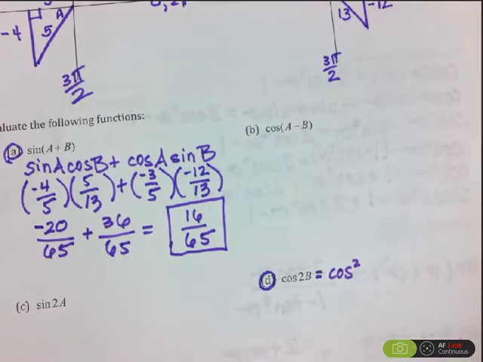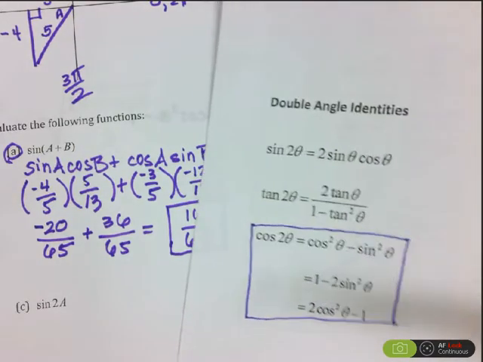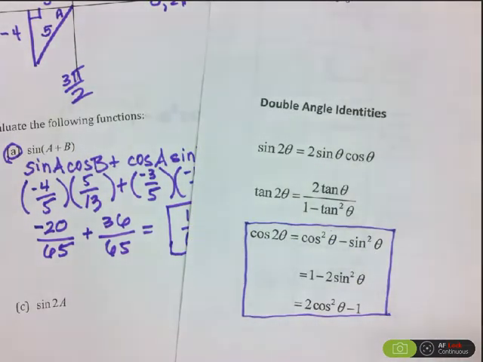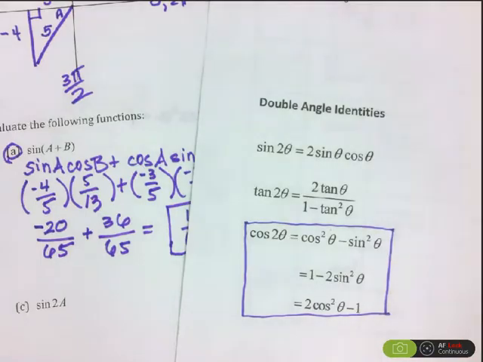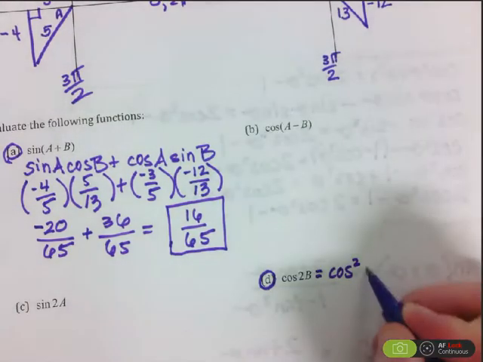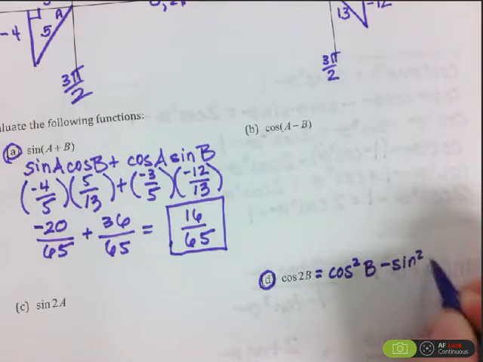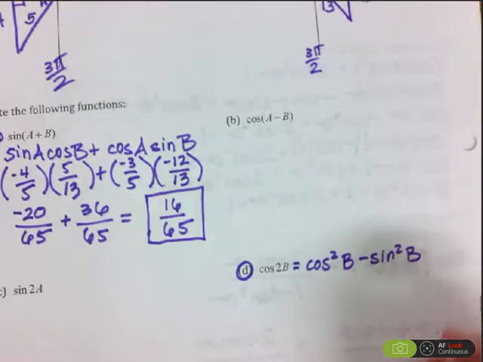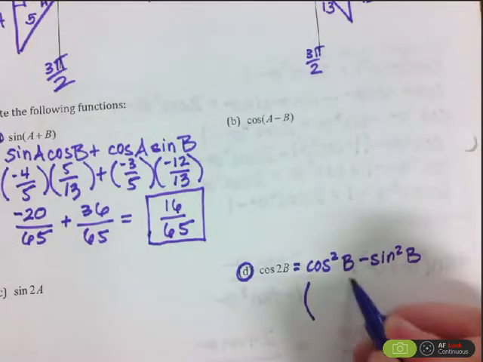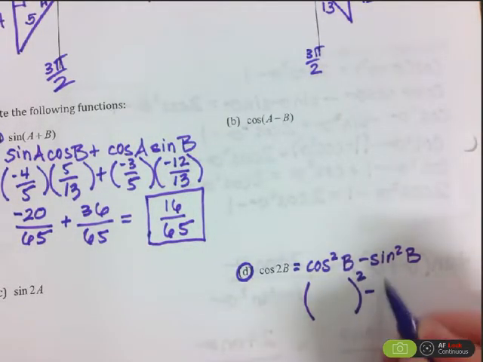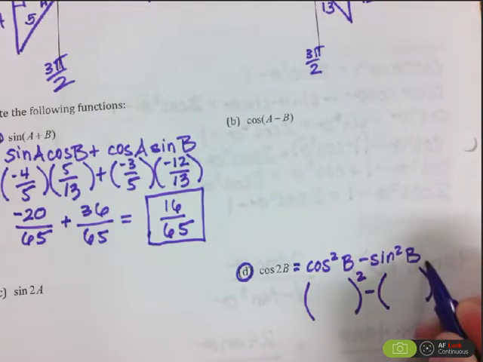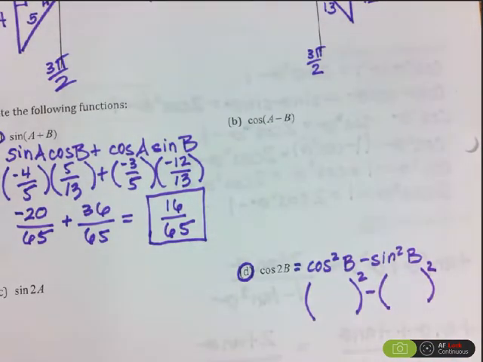So on your formula sheet, you have 3 choices for cosine 2 theta. But Fabricio just chose this one for us, so we're going to do the problem this way. But at home, you get to choose your own, okay? So we're going to do cos squared b minus sine squared b. So the cosine of b squared minus the sine of b squared.